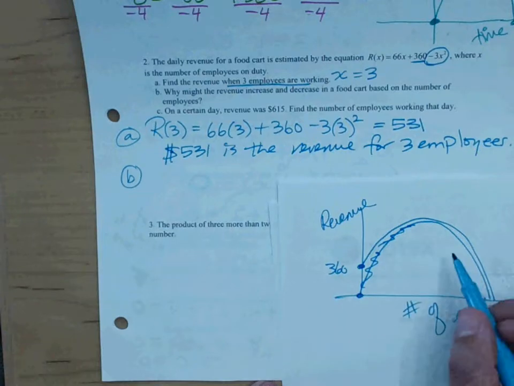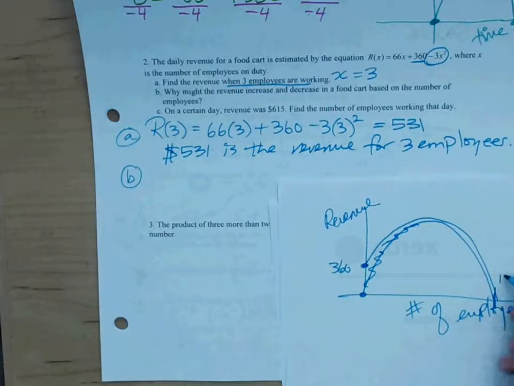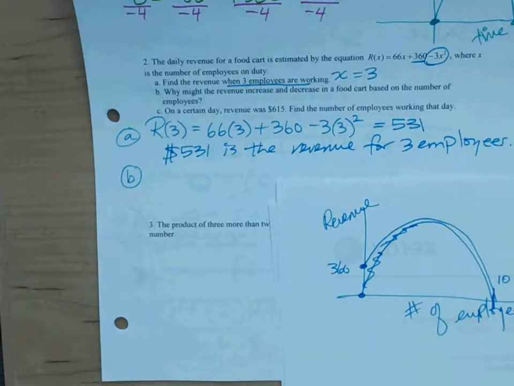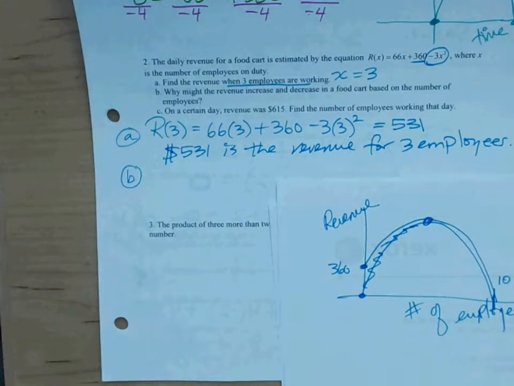But what if I had like 10 employees? Let's just imagine out here is 10, okay? If I have 10 employees and there's nobody really there, I have a lot of employees that I have to pay. So doesn't my revenue go down at a certain point? Let's think about Subway sandwiches for a second.